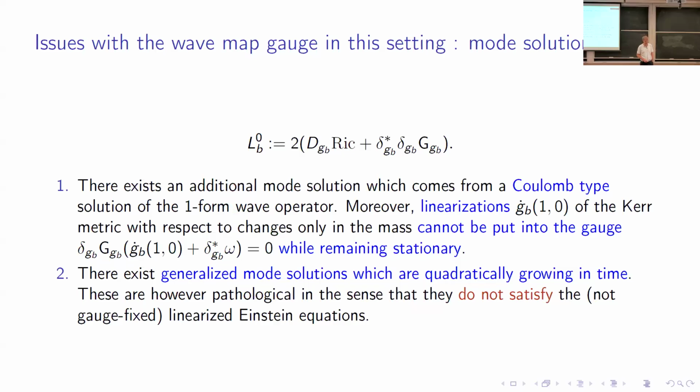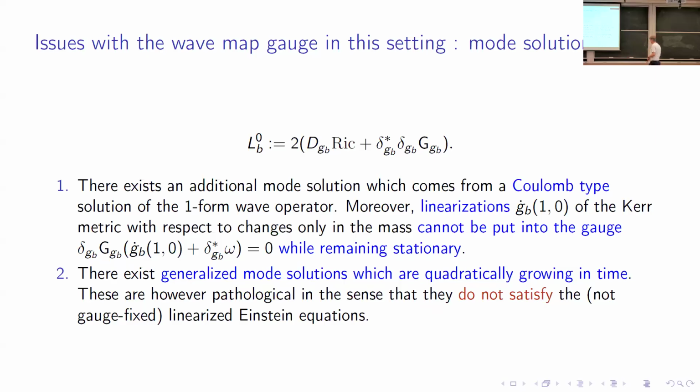Where does this come from? If you take the usual one-form wave operator, say, and omega is the solution, then d omega is the Maxwell field. And a Maxwell field in this kind of geometry has Coulomb solutions. So this is very natural, this comes in.